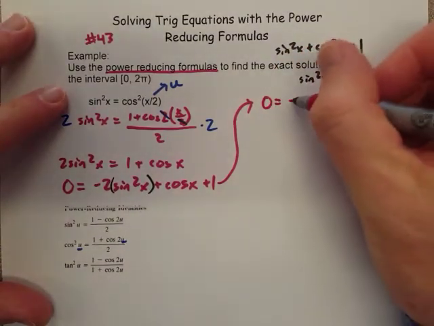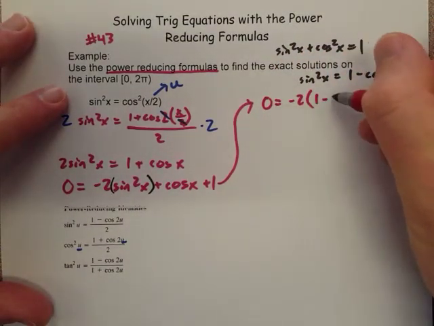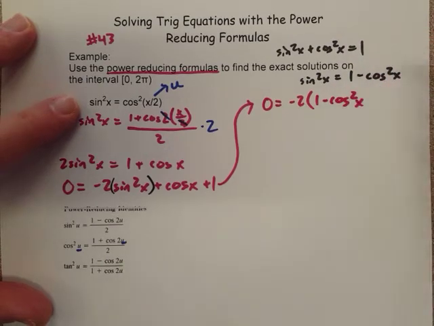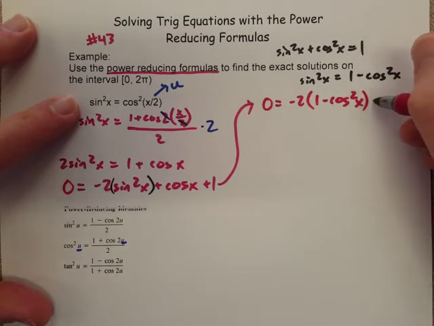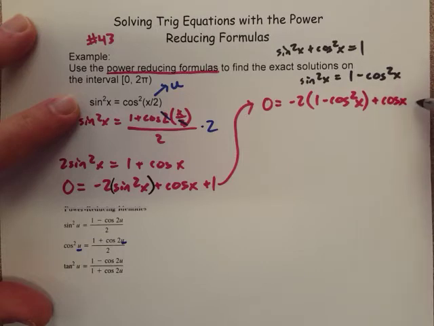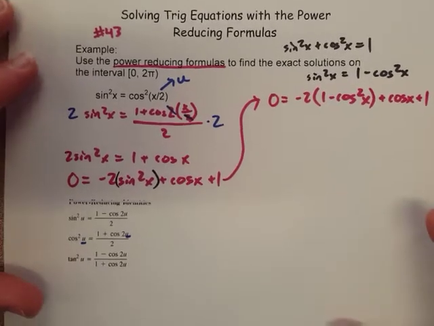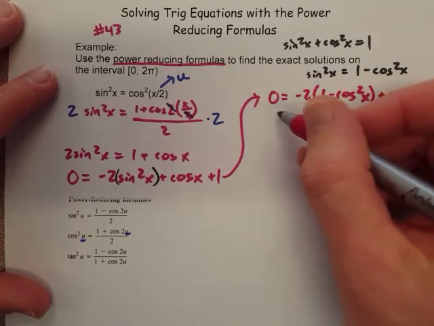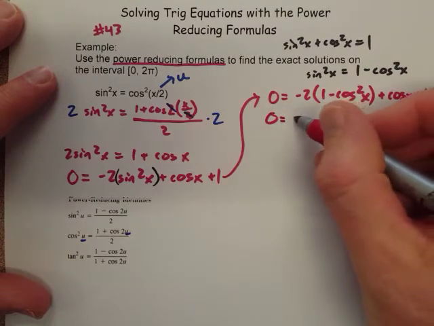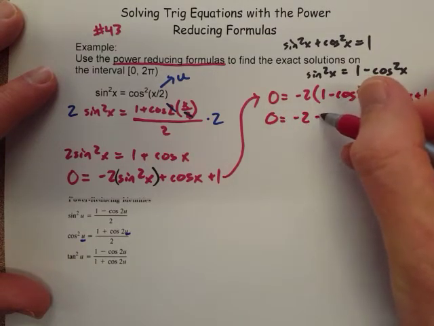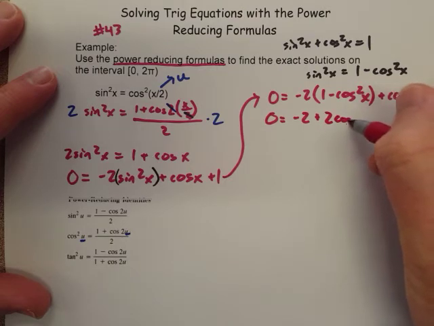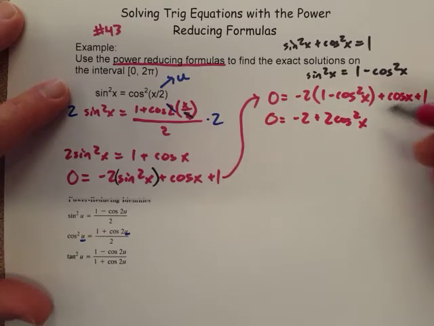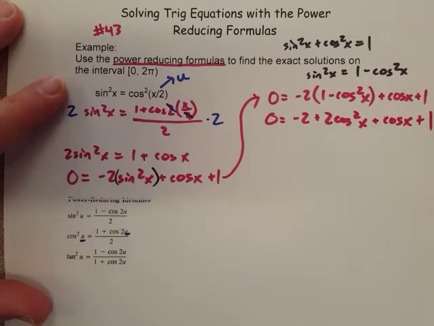0 equals negative 2 times 1 minus cosine squared, and then plus cosine plus 1. Okay. Now we distribute the 2. Negative 2 plus 2 cosine squared plus cosine plus 1.